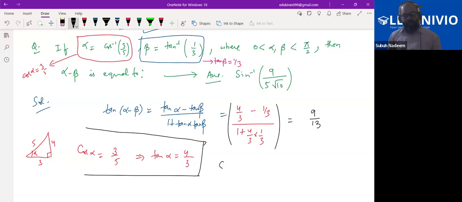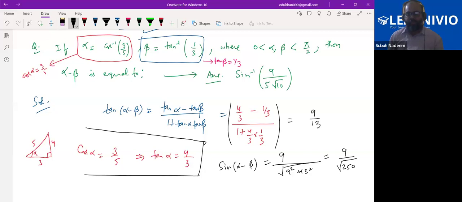Now if you want to find sine alpha minus beta, so again, the perpendicular is 9, so you can take 9 here. And hypotenuse will be root over 9 square plus 13 square. So this will become 169 and this will become 81. So 169 and 81 will become 250. So this will be 9 by root over 250.